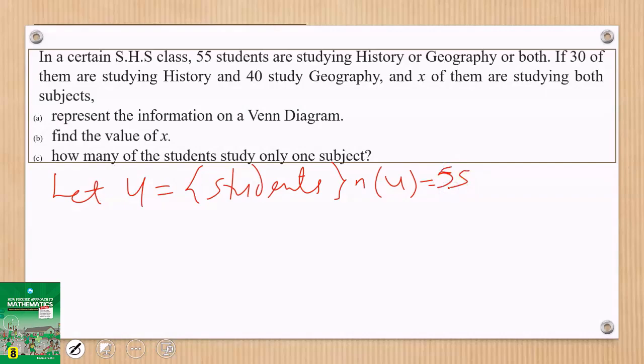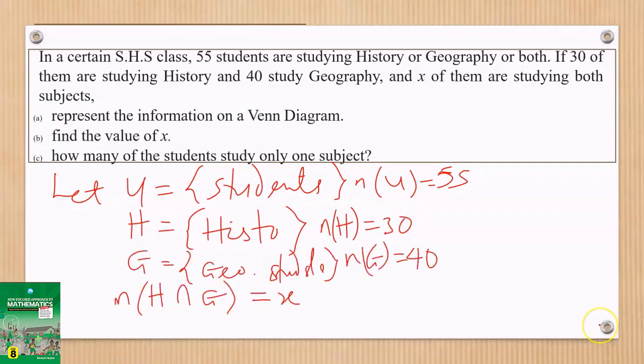Let H represent the history students, so the number of H is equal to 30. Do the same for geography: the number of geography students is 40, and the number who study both history and geography is X.